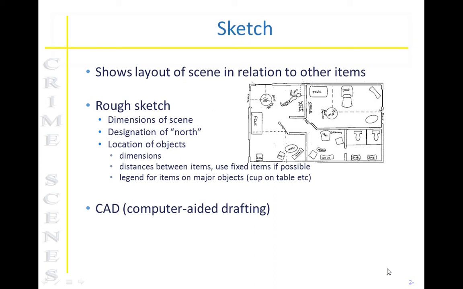And then finally, you're going to locate all the various objects within that room or scene that you're trying to develop the crime scene sketch for. So it might be initially creating 4 walls, orienting which wall is the north wall, and then locating various chairs, various tables, lamps in that room itself.